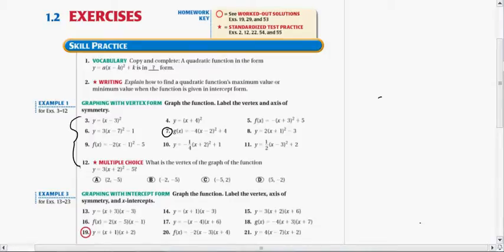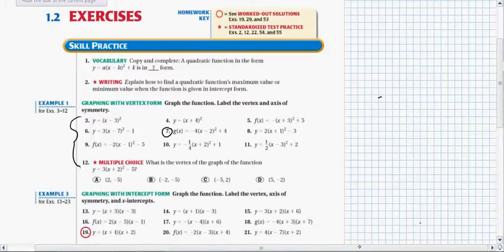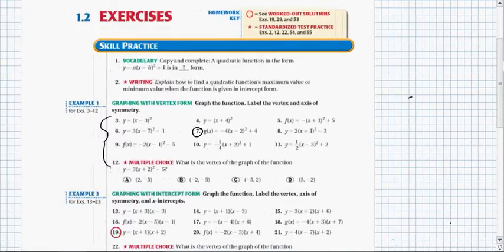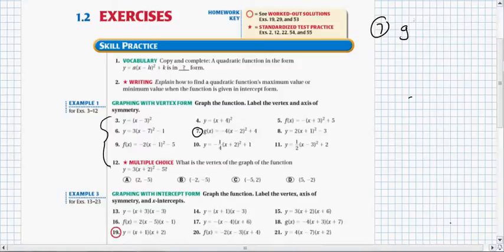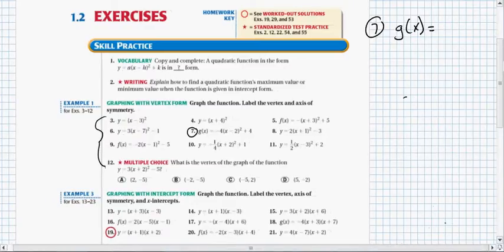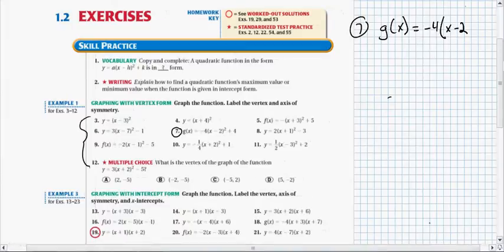Let's get some graph paper up here. And number 7 is the function g of x equals -4 parentheses x minus 2 close parentheses squared plus 4.